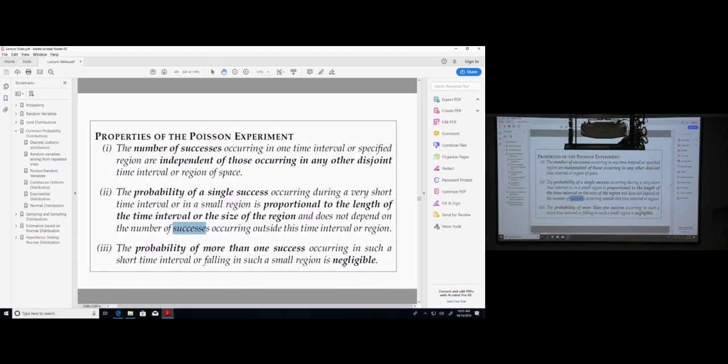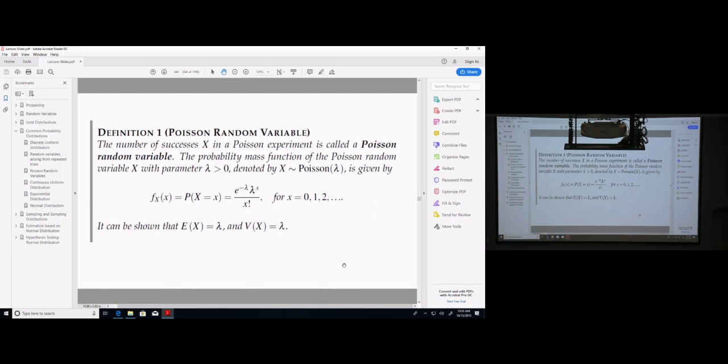For example, the example that I was referring to is the number of accidents at a road junction during a very short time period, or the number of typos within a very small region on the page that you are typing. All right. So this is the form here. The number of successes.